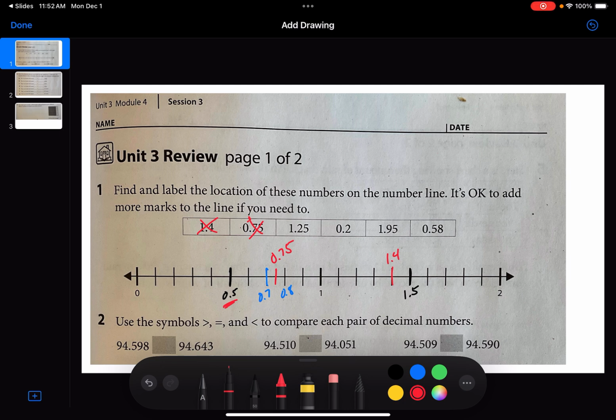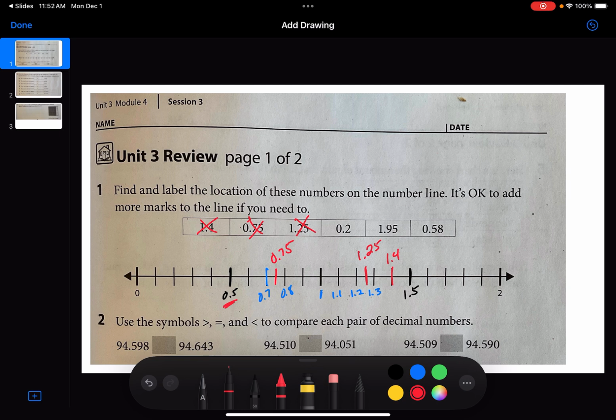Okay, 1.25. Let's see, where would 1.25 be? Well, if this is 1, then this would be 1.1, this would be 1.2, this would be 1.3. So 1.25 is going to be halfway between 1.2 and 1.3.